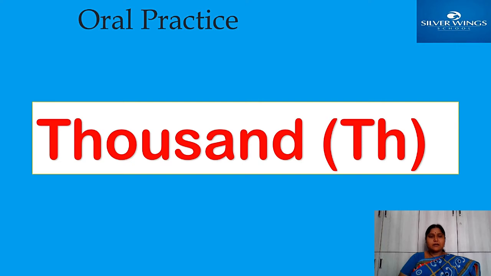Once again, T H O U S A N D, thousand. The pronunciation is thousand and the short form of thousand is TH, capital T and small h. You should practice this thousand spelling at house.